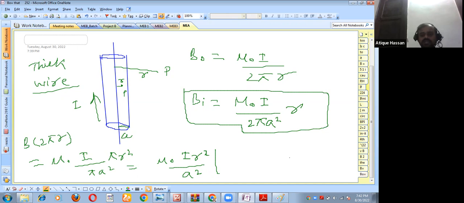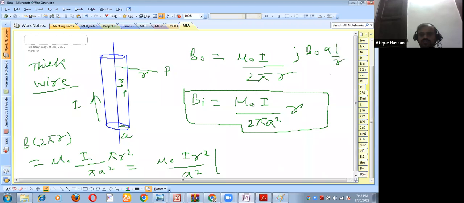If you see, outside, B is inversely proportional to r, but B inside is directly proportional to r. This is the difference due to thin and thick wire. So due to thick wire, we are having magnetic field at inside points also. Understood this one?